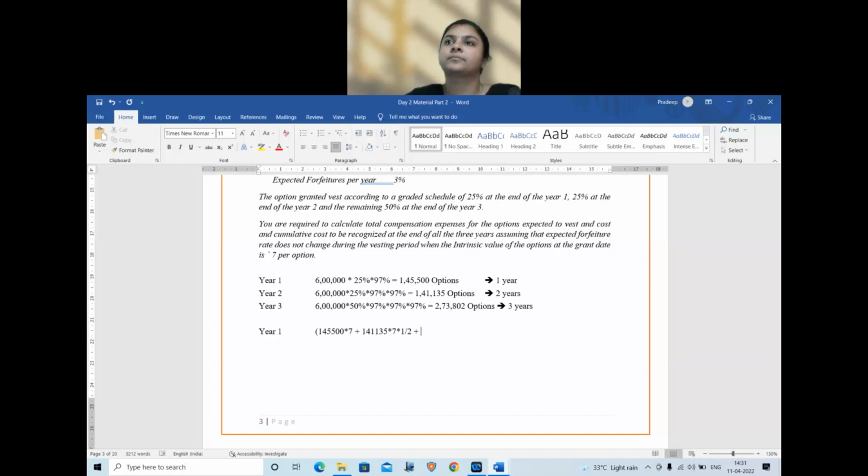Third, 273,802 options into 7 rupees will vest in 3 years. So first year we are going to take it as into 1/3. First year only we are doing, so into 1/3 total, and give me the answer. Total 3 years, out of which first year we are recognizing, so 1/3.